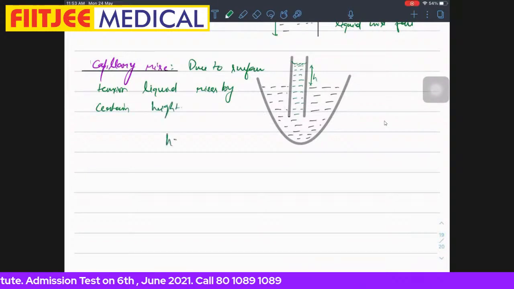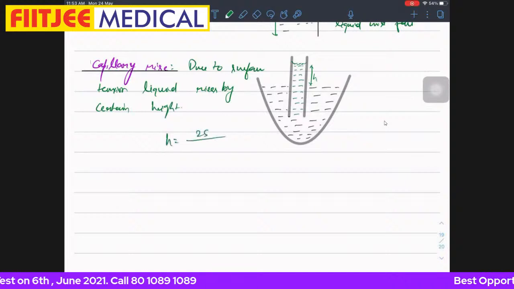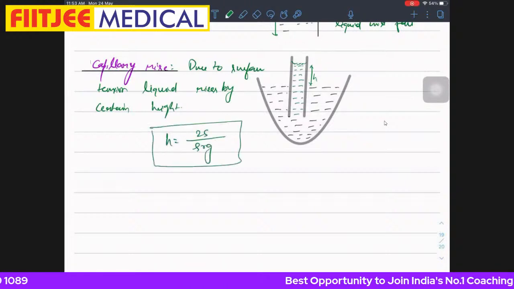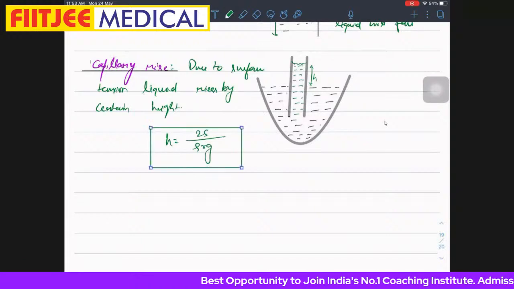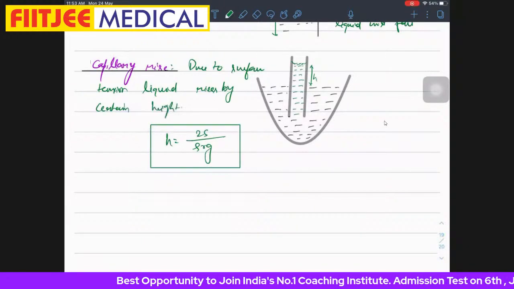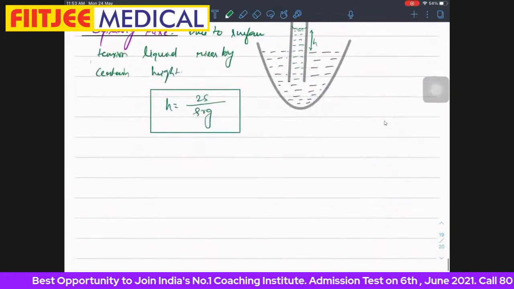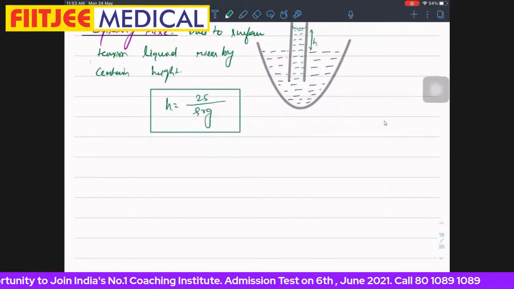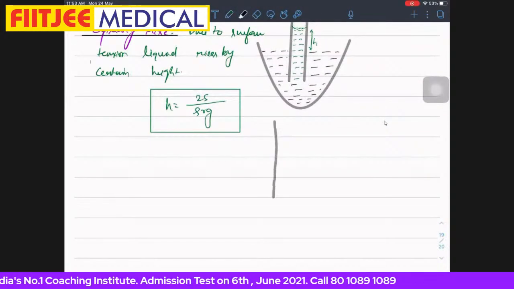Here if we calculate the height, this will be given as 2S by rho r g. This is called capillary rise. Same thing you can use for liquid dip, in case theta is more than 90-degree.